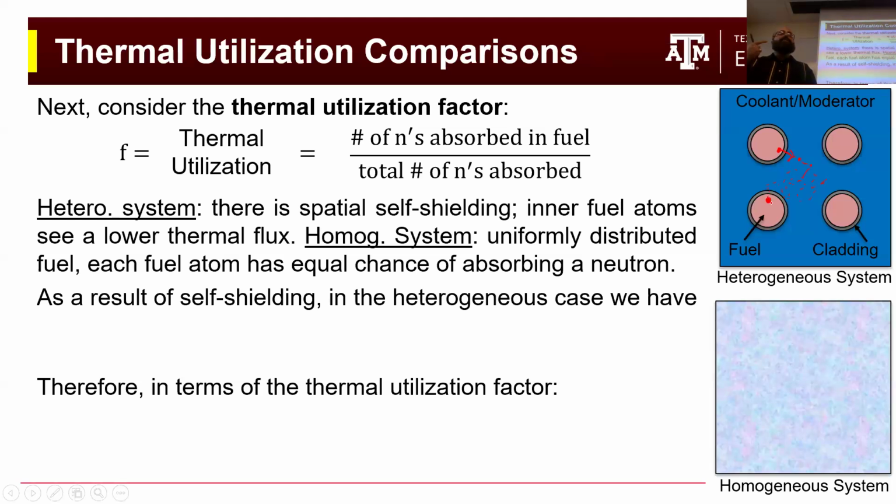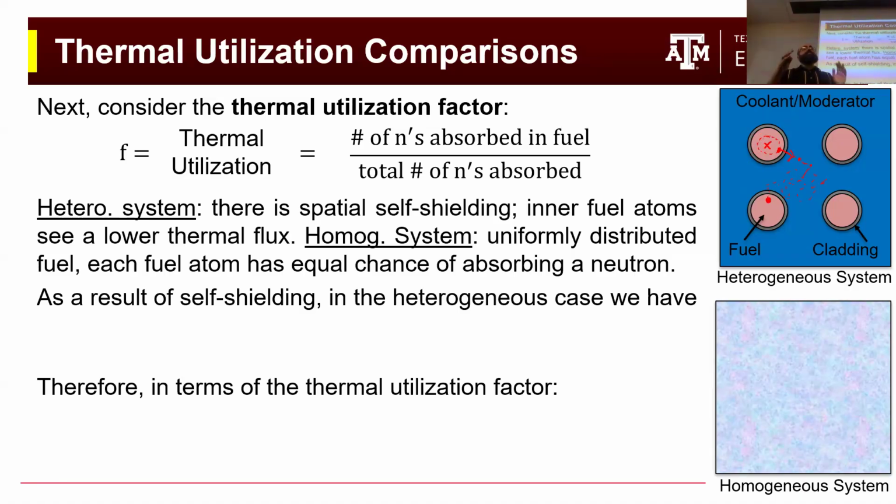If I have a heterogeneous system, that allows for spatial self-shielding, such that if I have an intermediate energy neutron, it's going to be shielded by the outer atoms of the fuel. Inside of the fuel, in the center of the fuel, I'm not going to have as many neutrons in intermediate ranges reaching the fuel in the heterogeneous configuration because of that spatial self-shielding.